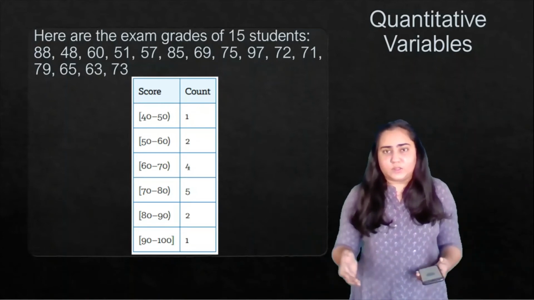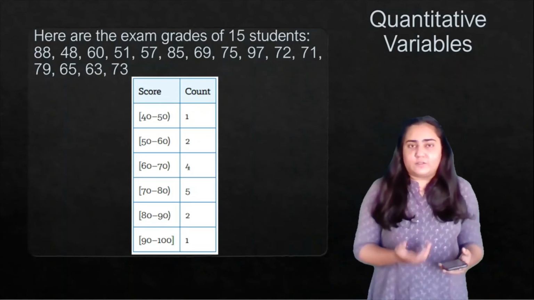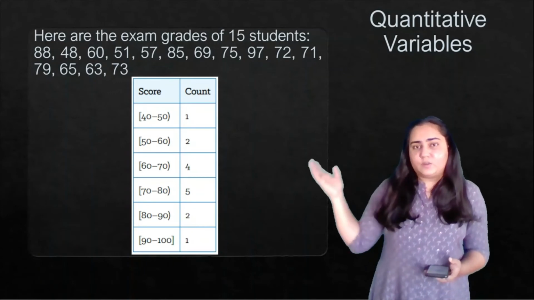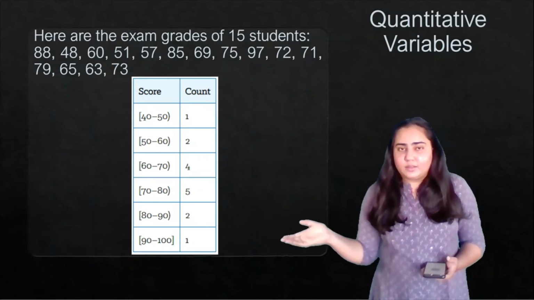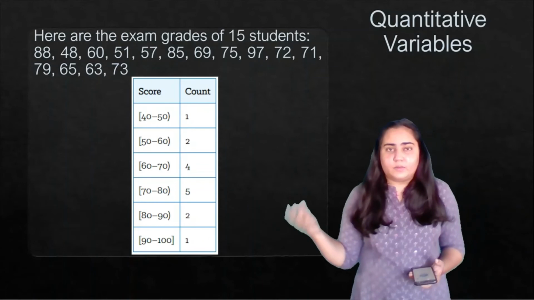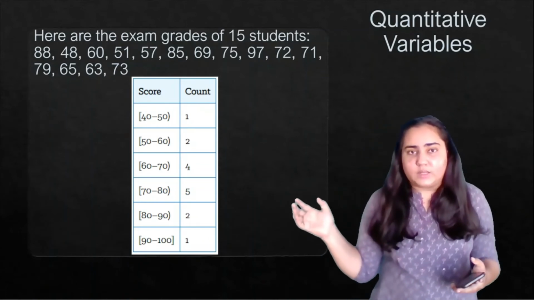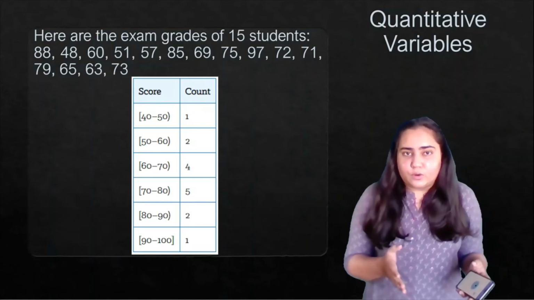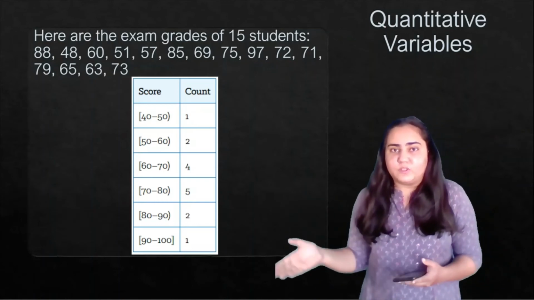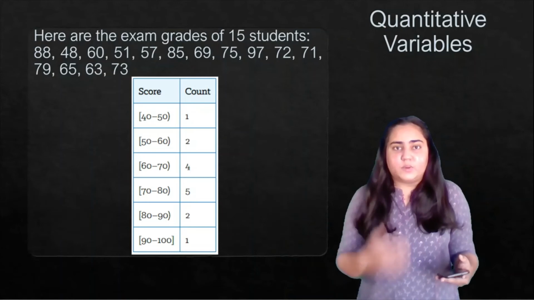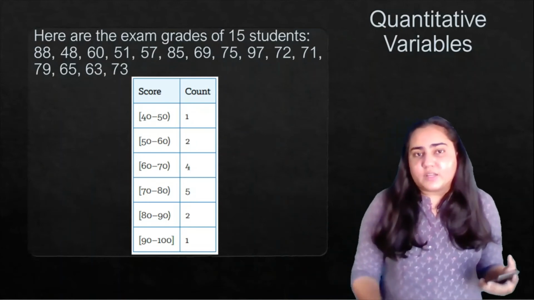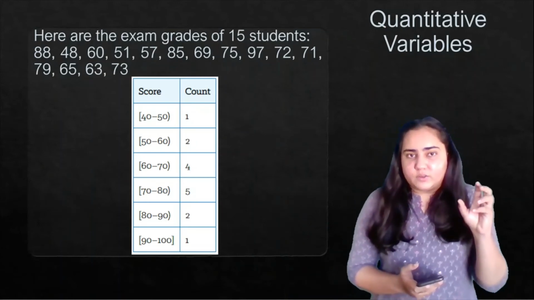These are not categories, these are values for each and every student. But based on those values, I can categorize the score if I want. I can show the count, that for this range of score, what number of students there are. So in this case, I have categorized it. I have written down the range.